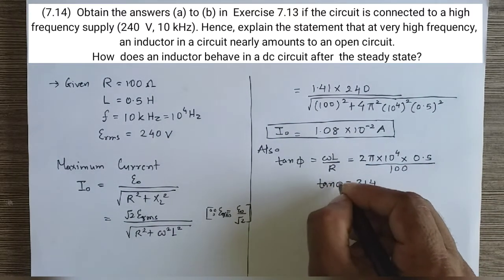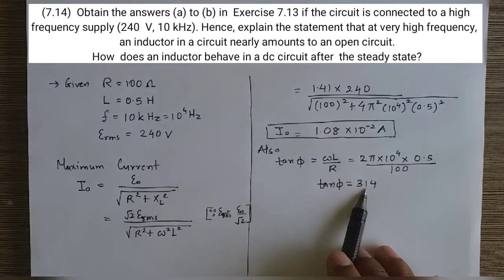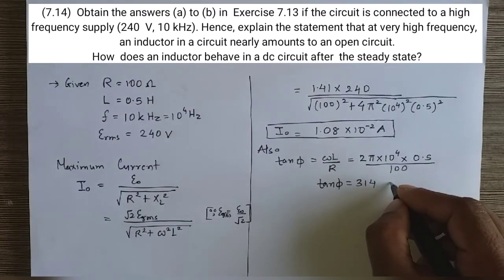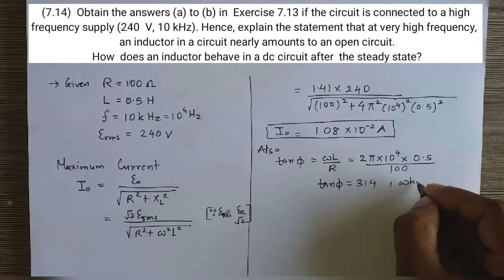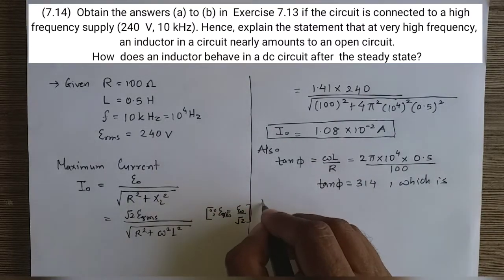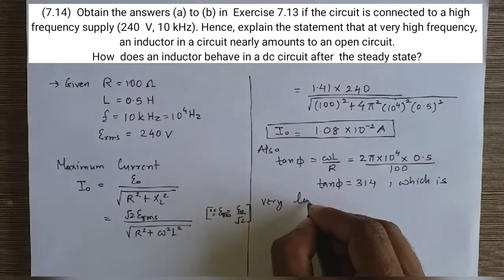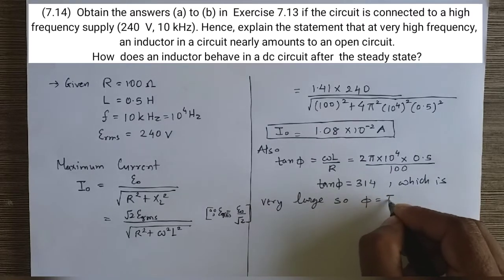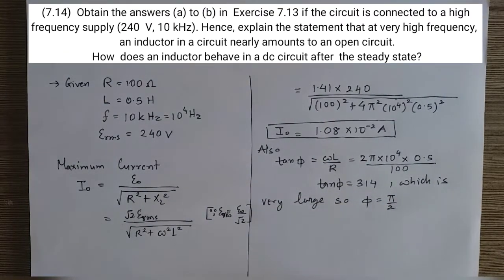This is tan phi. Now you find that this value is very large, right? A large value of tan is only possible when the angle is 90. So phi is equal to 90 degrees, which is pi by 2.